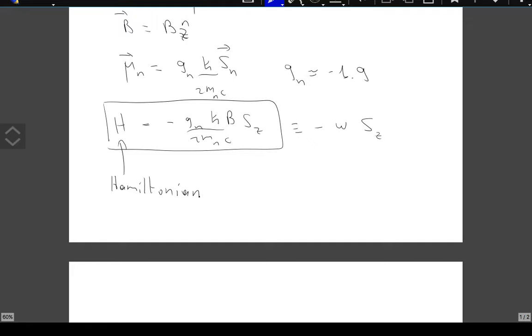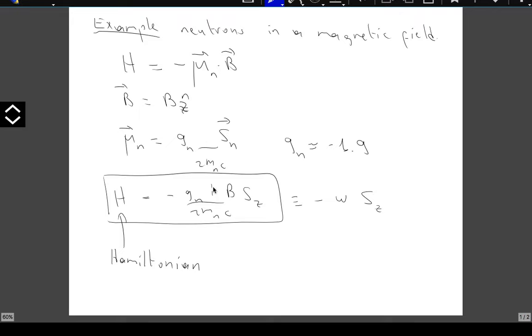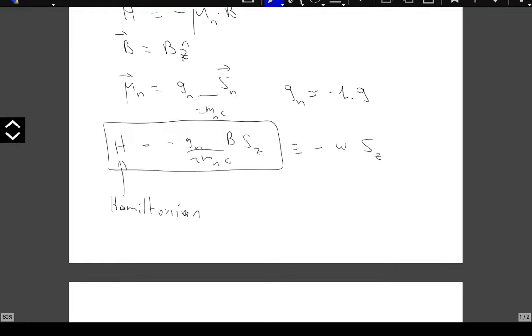Let me check the numbers. There's no h bar. So this is our Hamiltonian.